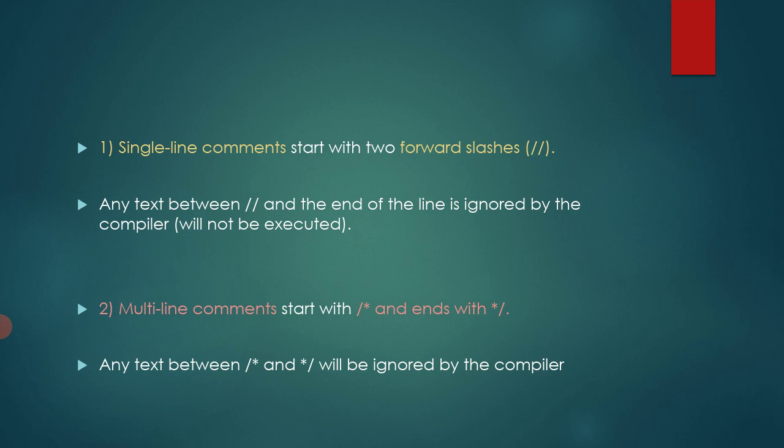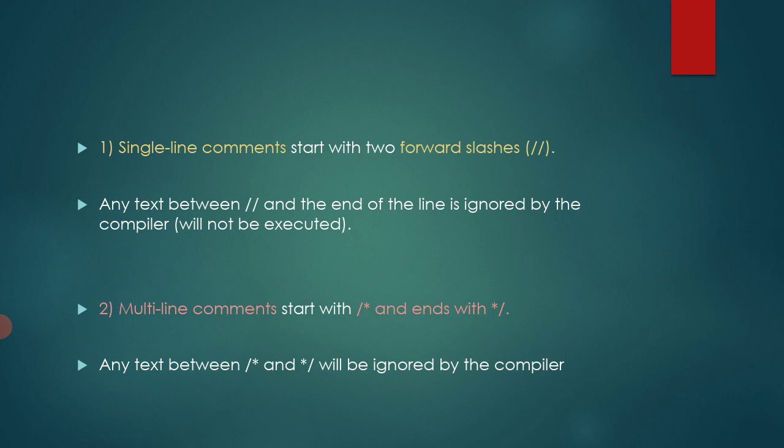Whereas in a single line comment you do not have to end the line with any special symbol, you just put 2 forward slashes at the beginning, in the case of a multi-line comment you have to put the slash with the asterisk symbol at the beginning as well as at the end of the comment. So this is how you use single line and multi-line comments.